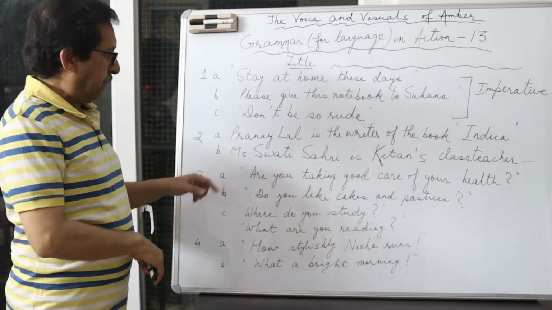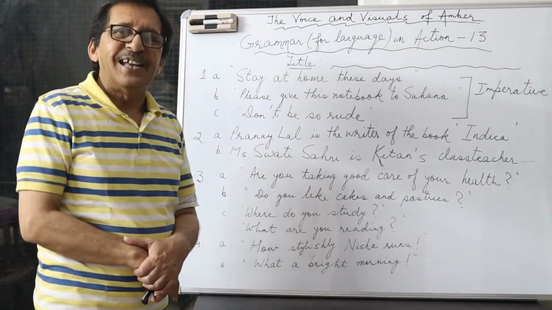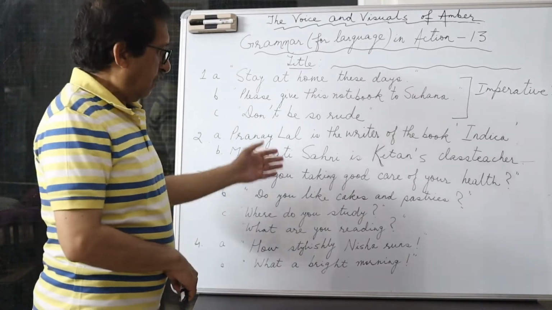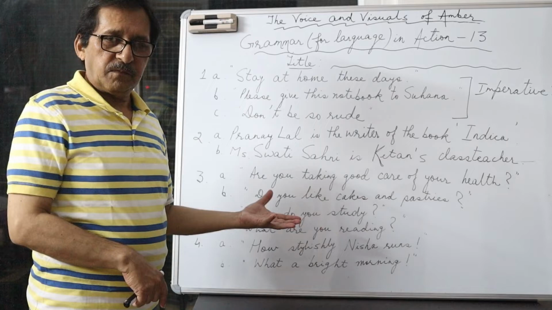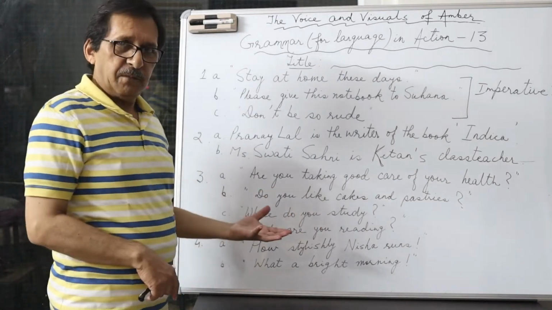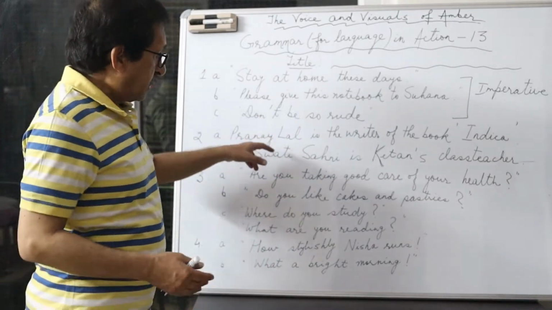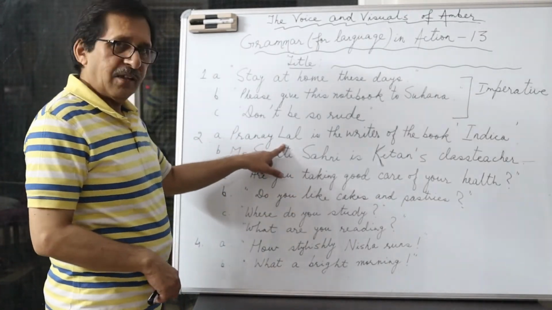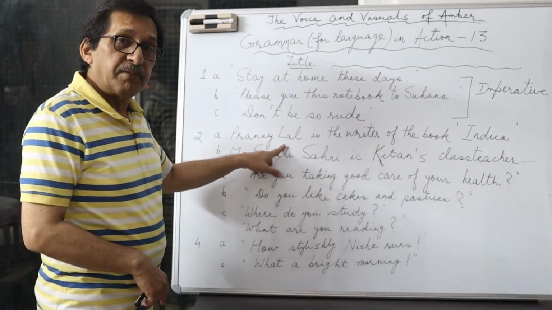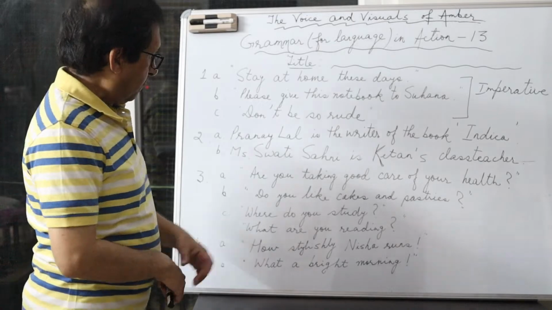The second one, Pranay Lal is the writer of the book Indica. What is this? This is a pure statement. It's a statement of a fact. The speaker or the communicator is stating a fact, which is Pranay Lal is the writer of the book Indica.